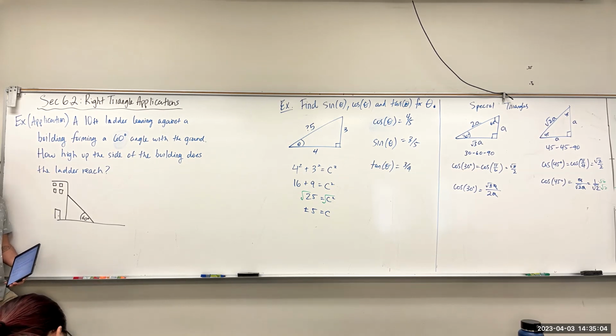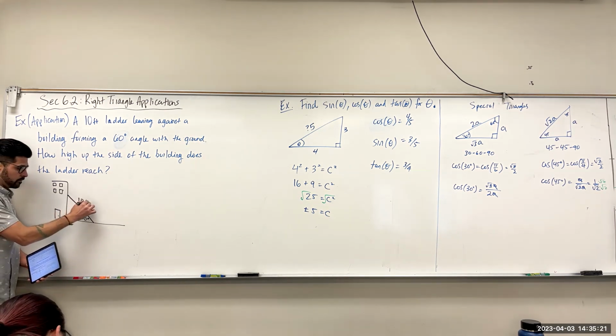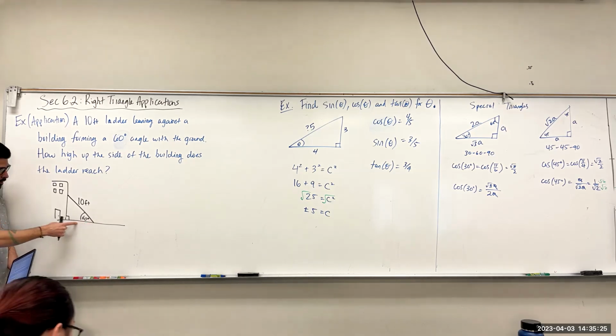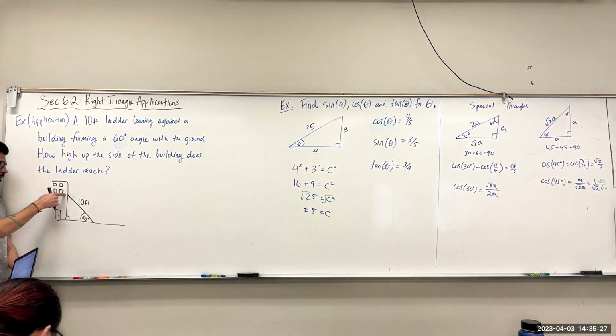What information do we know? Notice we formed a right triangle. Do we know anything about the sides? The hypotenuse is 10, because that's the ladder, 10 feet. What are we being asked to find? How far the ladder is from the building, or how high it is up on the building?